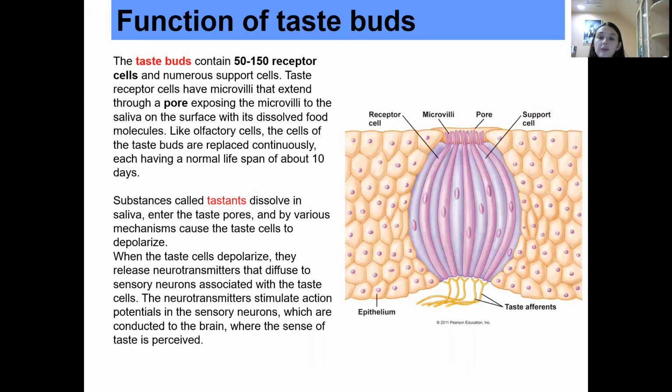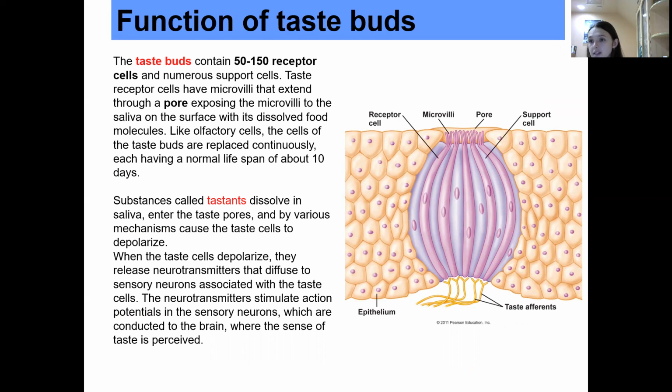Okay, so what is the main function of the taste buds? Taste buds contain from 50 to 150 receptor cells and numerous supportive cells. Taste receptor cells have microvilli which extend through the pore, exposing the microvilli to the saliva on the surface, which dissolves food molecules. Like olfactory cells, the cells of the taste buds are replaced continuously, each having a normal lifespan of about 10 days.